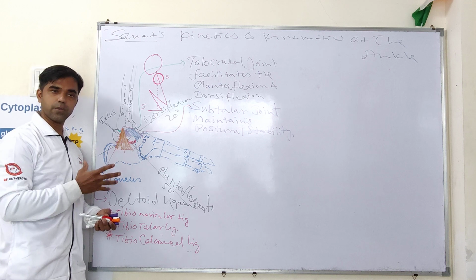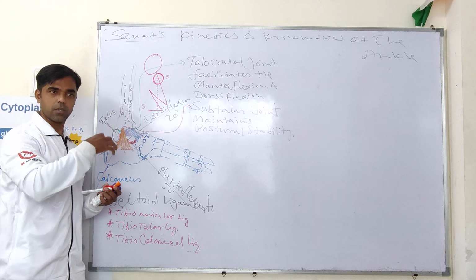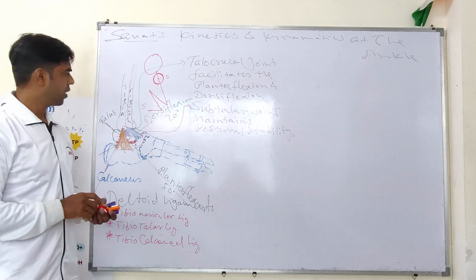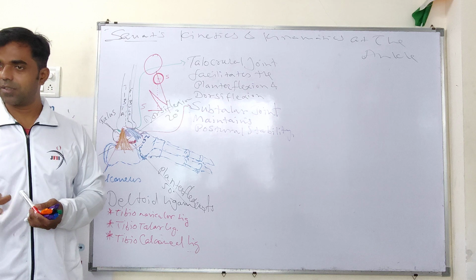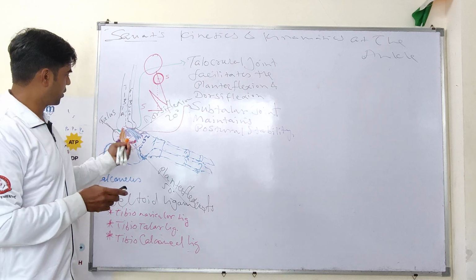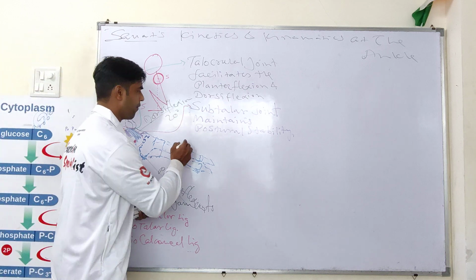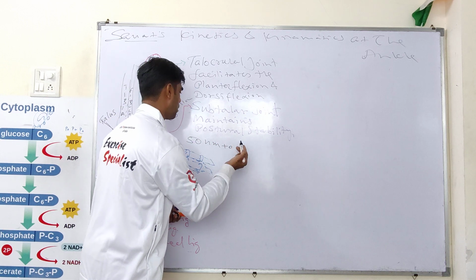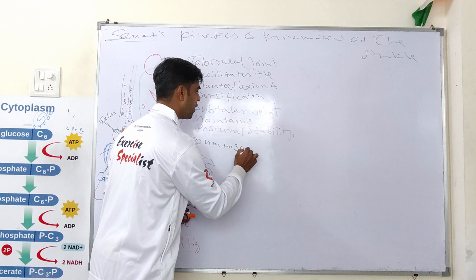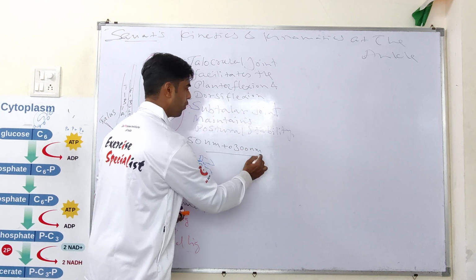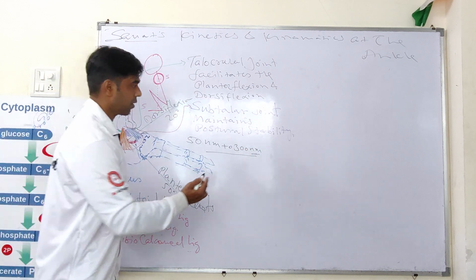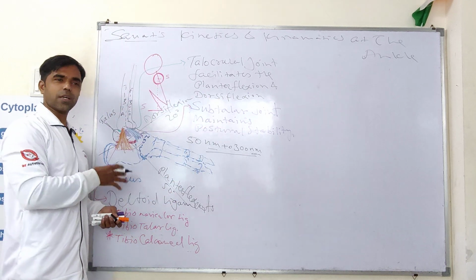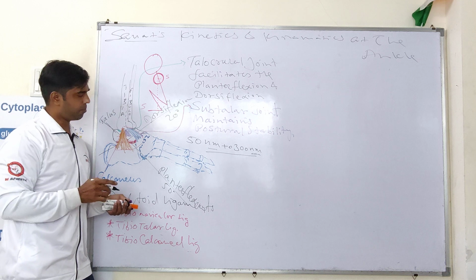They manage the load. In squatting, the forces recorded at this joint are somewhere from 50 Newton meters to 300 Newton meters. They are very low compared to the knee and hip.